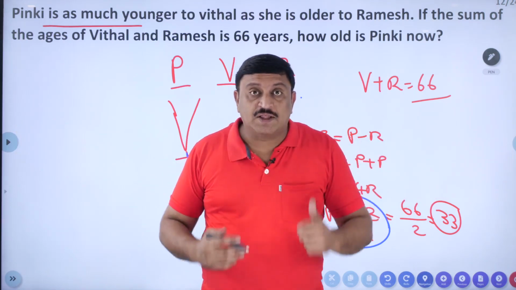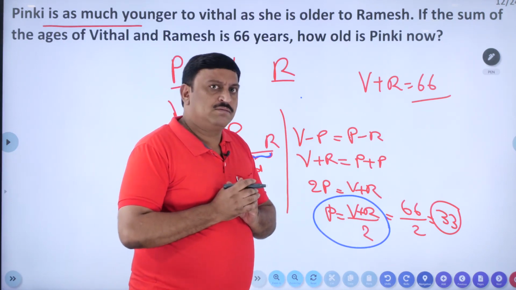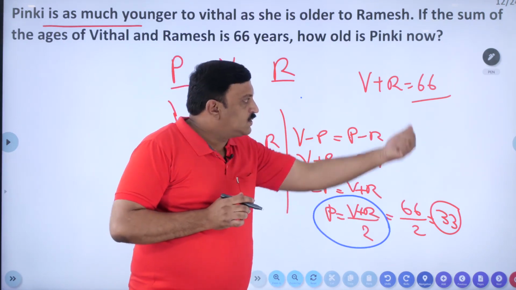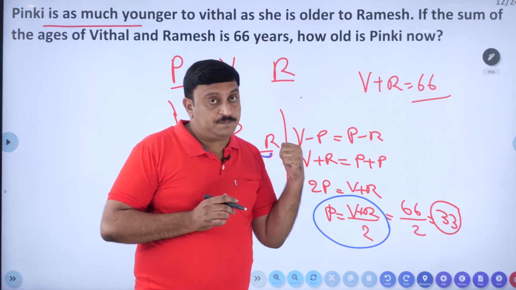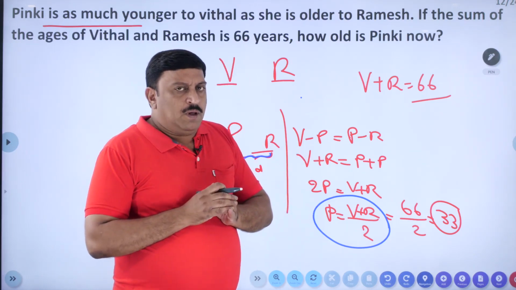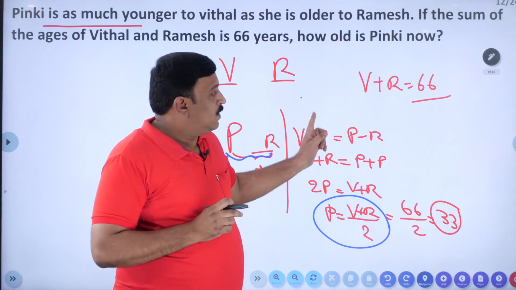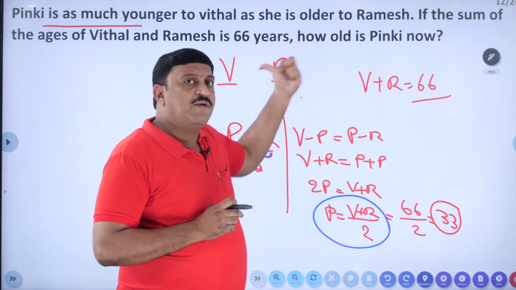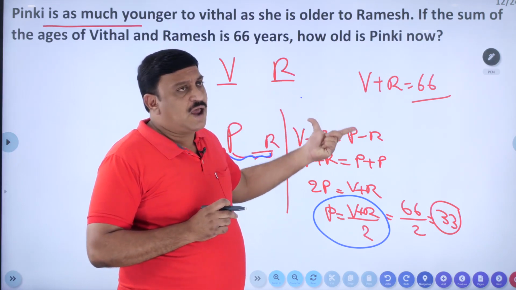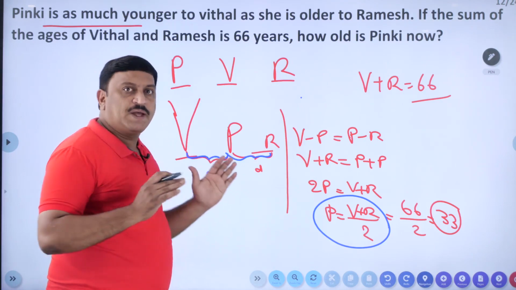So directly take the average of those two persons to get the middle one. So the answer is 33. This is the average concept. Pinky's age is 33 years. We have to take the average of Vittal and Ramesh to get Pinky's age.